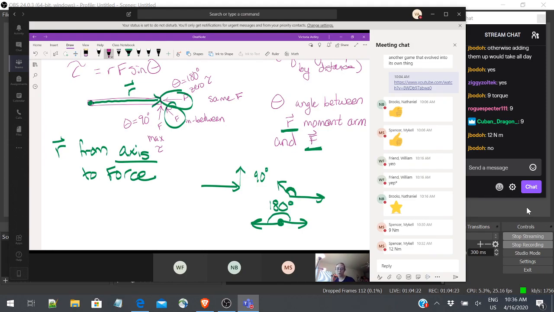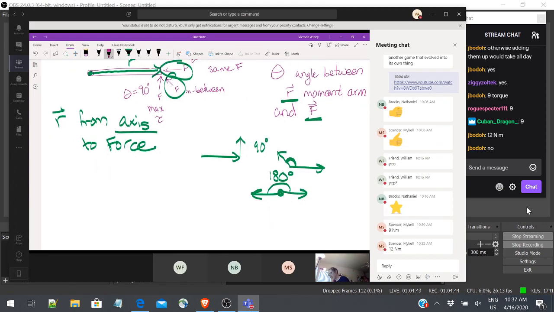It says no. No, it's not making sense. It's a particular aspect that's not making sense. So for this one, the sine of 90, okay.